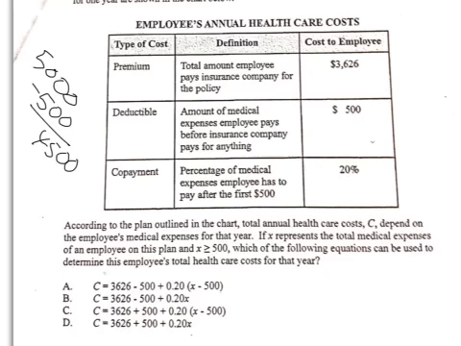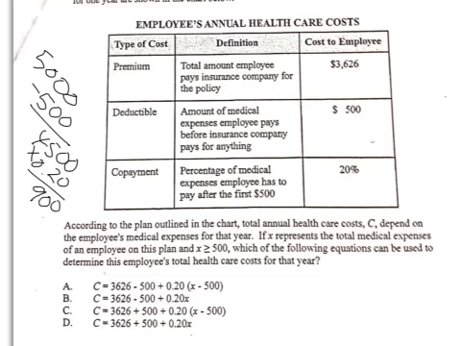So you would multiply that by 0.20 to figure out what they're going to pay total. So let me just calculate that real quick. 4,500 times 0.2 is $900. So that's going to be the remaining cost.